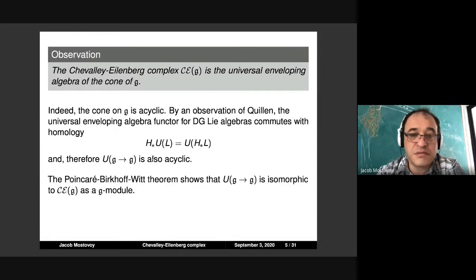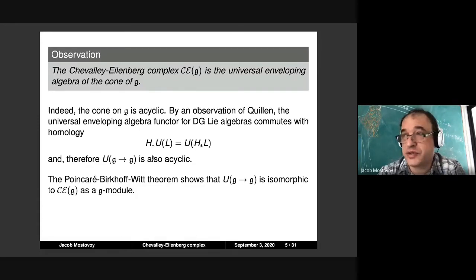And it's easy to check that. Take the differential graded Hopf algebra that we obtain.